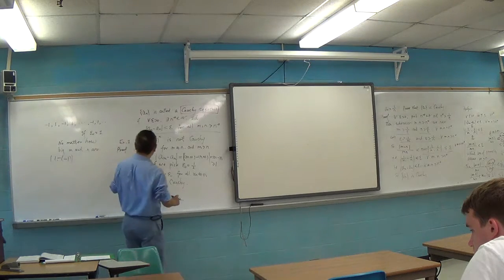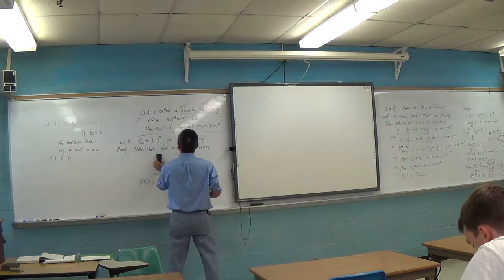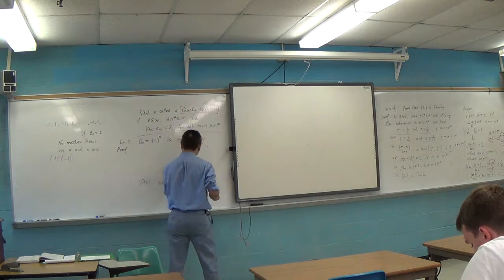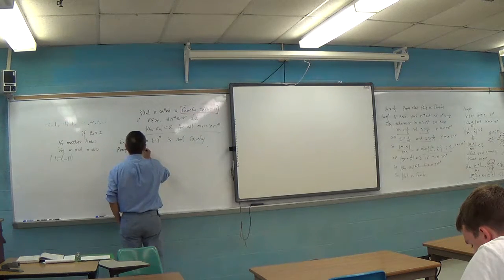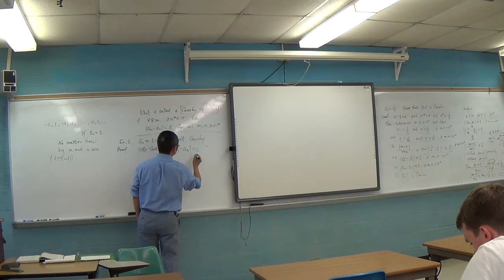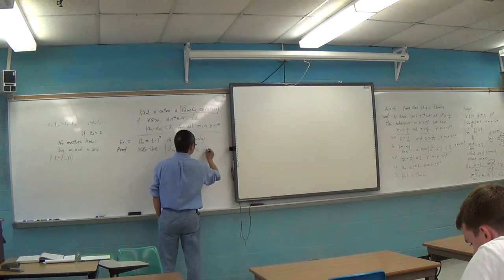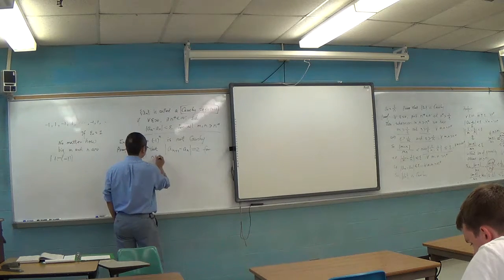So now let's see the proof. Not Cauchy. Know that the absolute value of a_{n+1} minus a_n is always equal to 2 for all n.